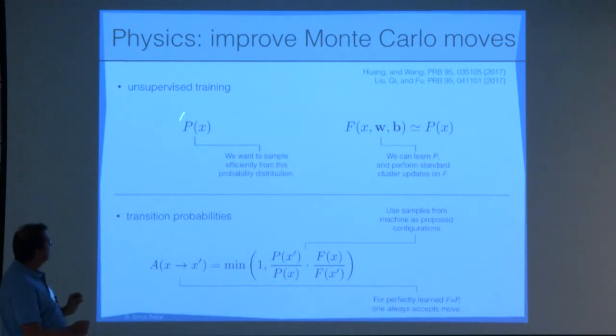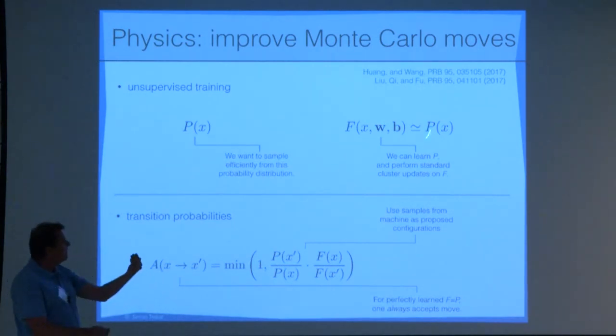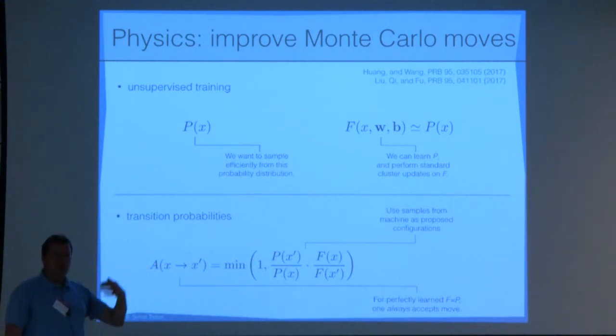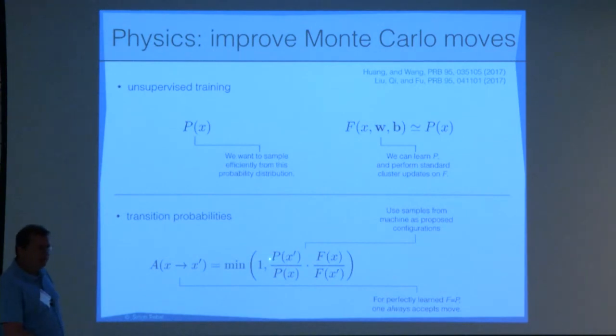If I know how the Boltzmann distribution looks, after having learned the distribution I can create moves that will always get accepted, because the acceptance probability at the end of the day looks like this. If you go from one configuration to another, it's the quotient of the probability of the new step versus the old one, multiplied by the inverse of the distribution that you generated the moves from. So if the two distributions are exactly the same, this becomes just one.